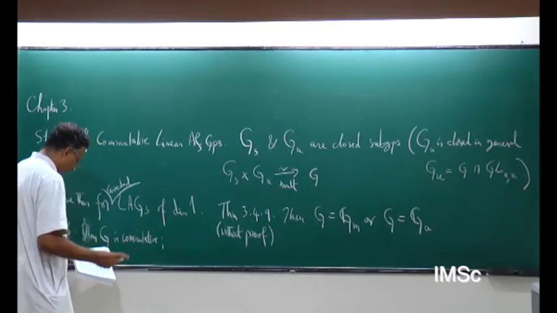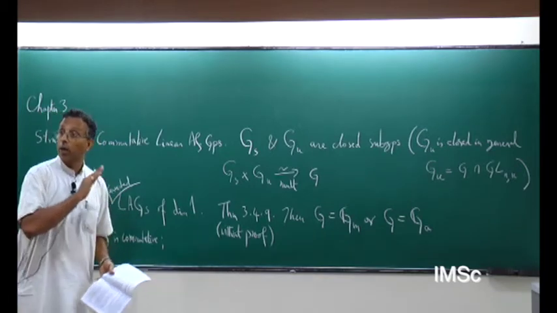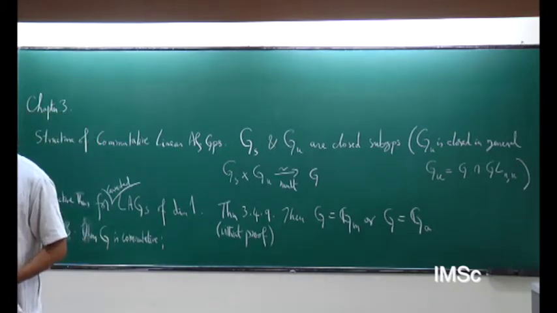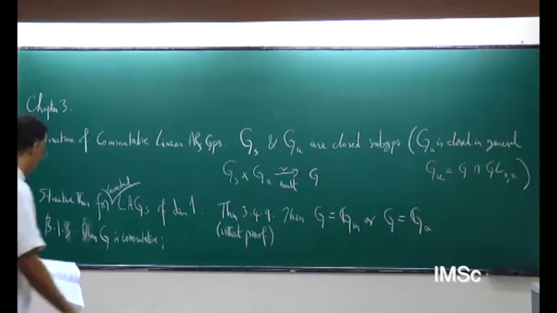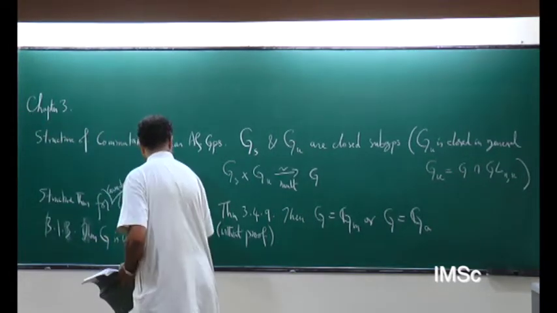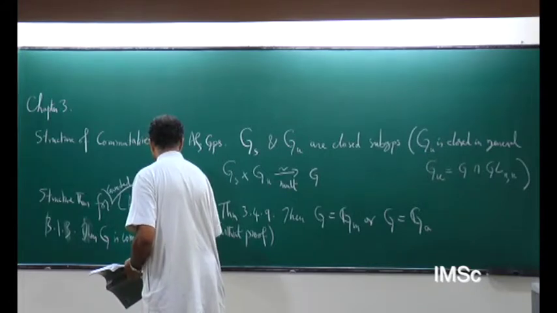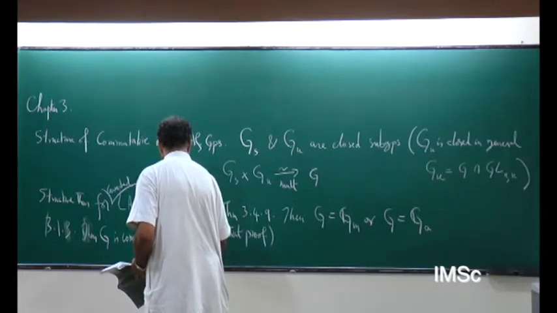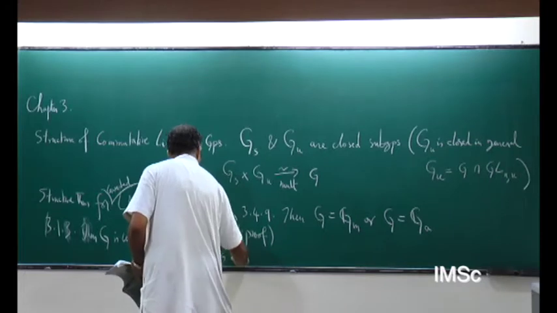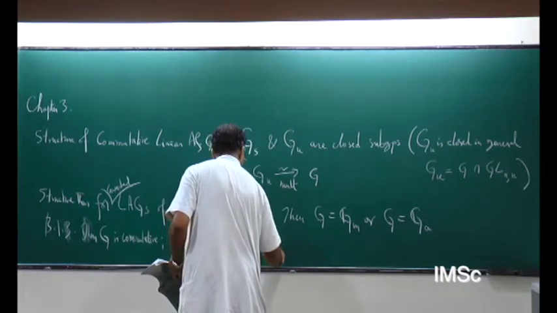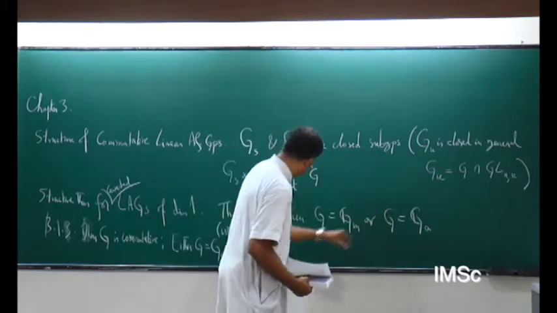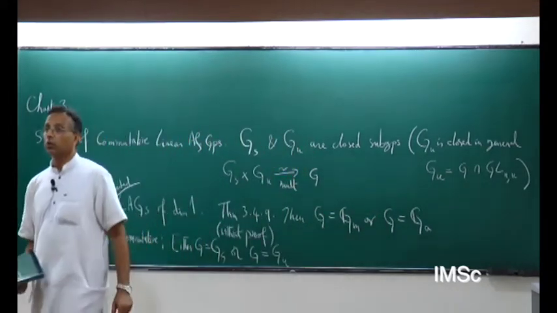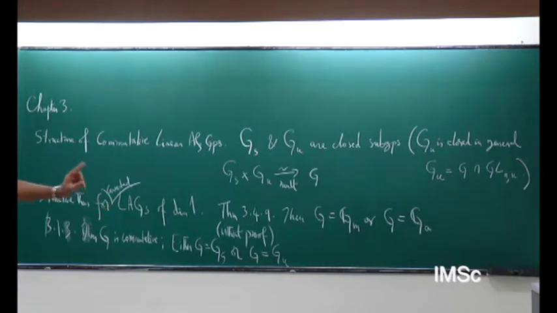The proofs are non-trivial, and you should study the proofs carefully and analyze them. That is very much part of the course. So either G is equal to GA or G is equal to GM. If it is this, then the first one is true. If it is this, then the second one is true. So we have proved this.